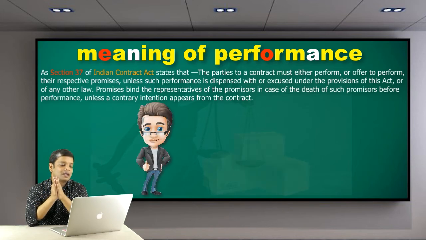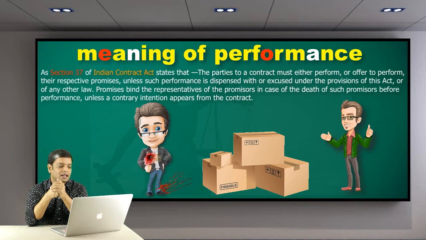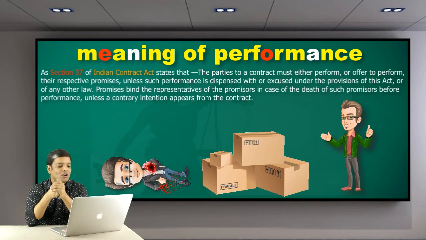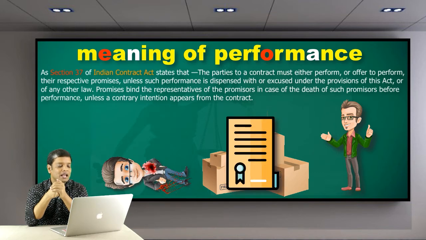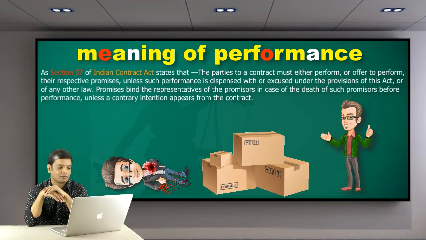A promises to deliver goods to B on a certain day on payment of ₹1000. A dies before that day. A's representatives are bound to deliver the goods to B and B is bound to pay the ₹1000 to A's representatives. Well, in order to understand this, again look back at the definition that we have studied.